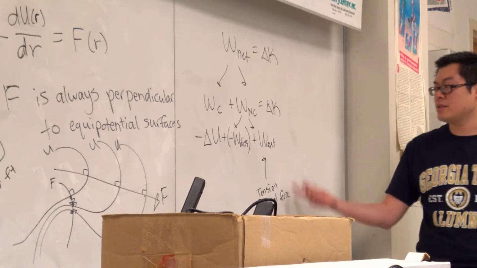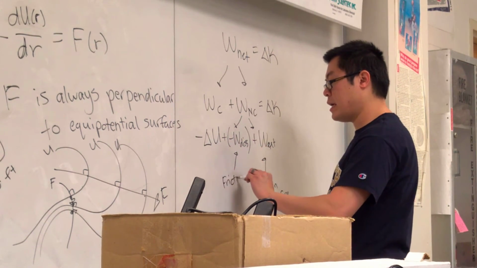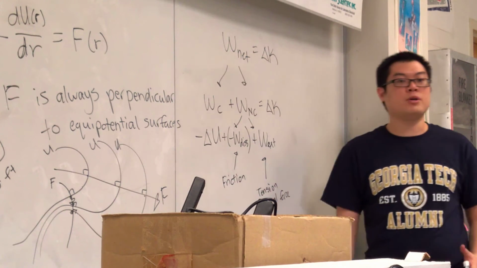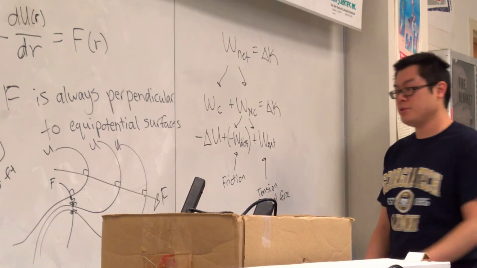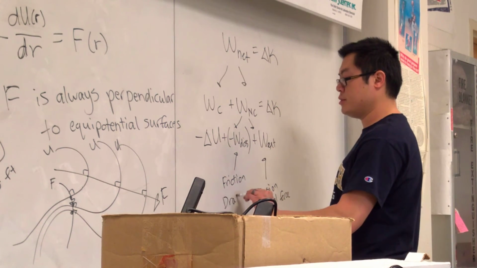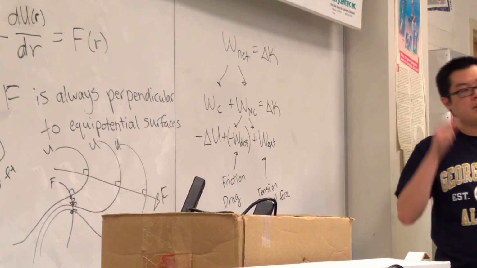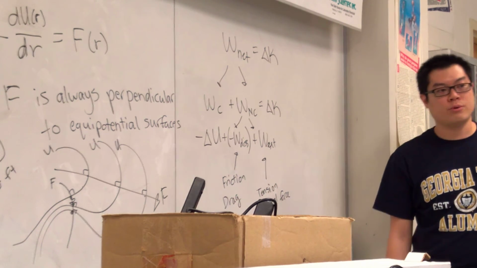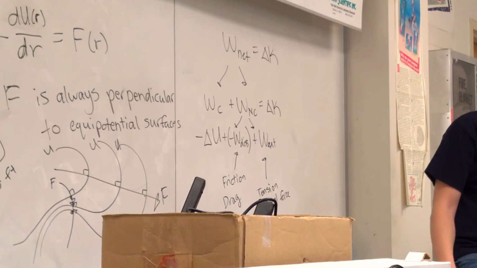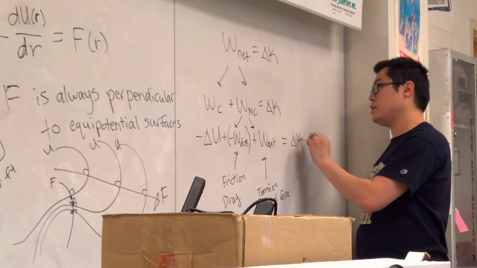Dissipative forces tend to be forces that always oppose the direction of motion. Friction always opposes the direction of motion. Drag always opposes the direction of motion. If you're moving this way, the force is that way. So that means that these forces always do negative work. They will always take work out. They will always work against the moving object. And then all of this will lead to a change in kinetic energy.